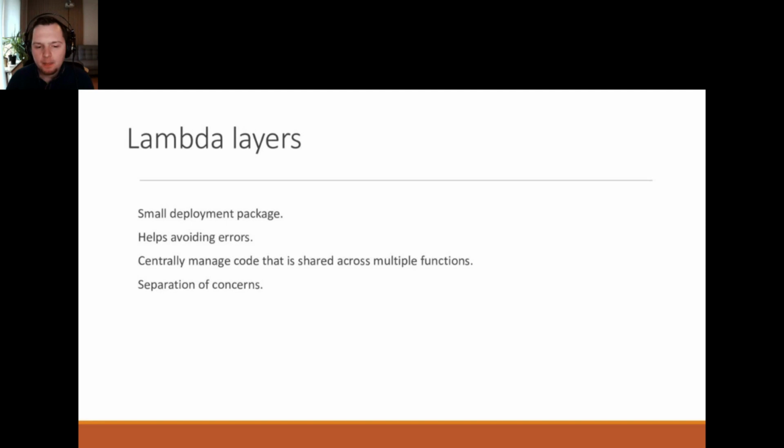Before Lambda layers, when you wanted to deploy an application using Lambda, what you had to do is basically package your application in a zip and upload it to AWS. And the package had to have all the dependencies, and it was very difficult to manage, and the packages were quite big.